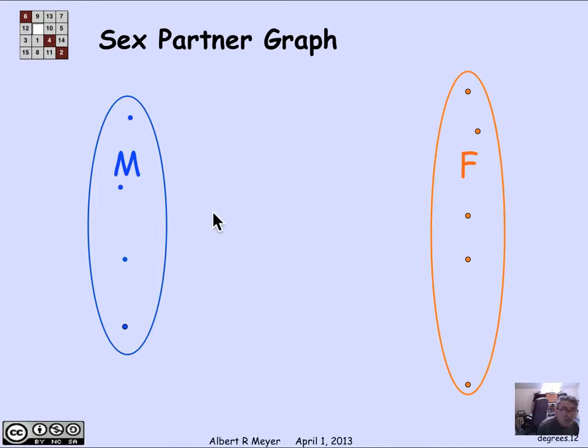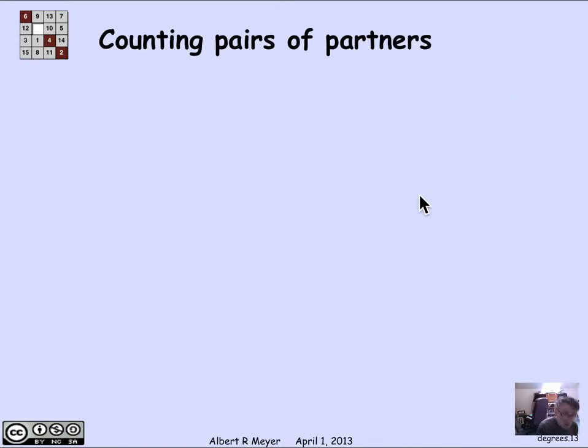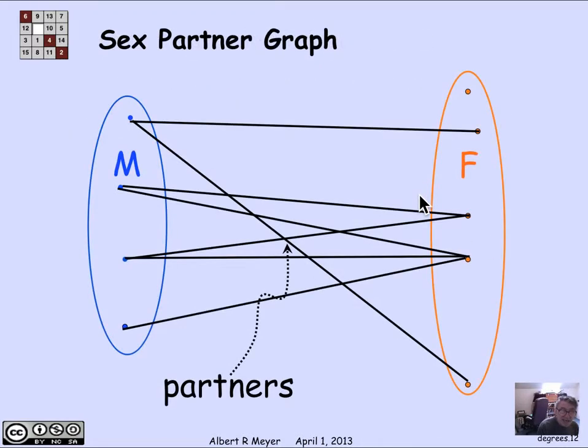We're going to have edges going between men and women, between M's and F's, precisely when they have been involved in a sexual liaison. So looking back at this graph, this edge from that blue M to that orange F indicates that they had a sexual liaison. They were partners.